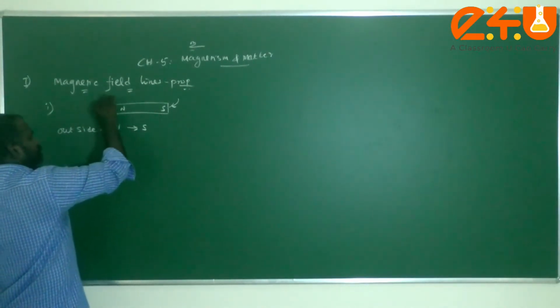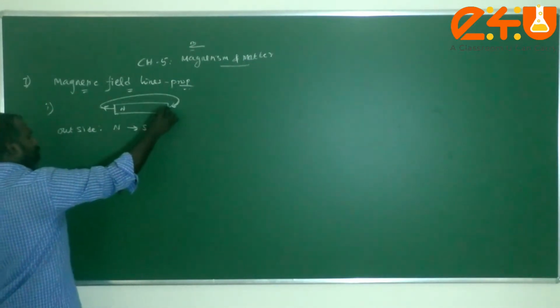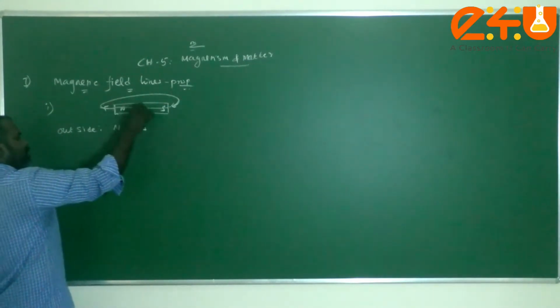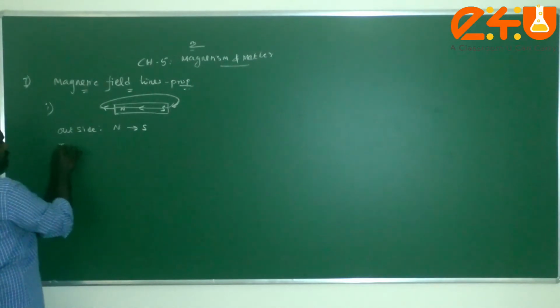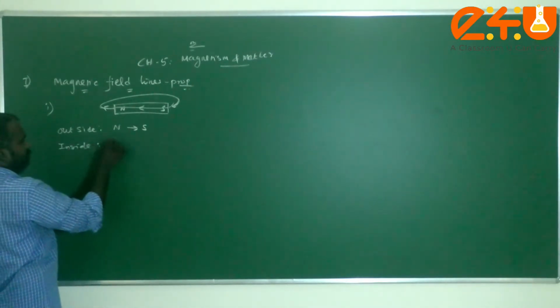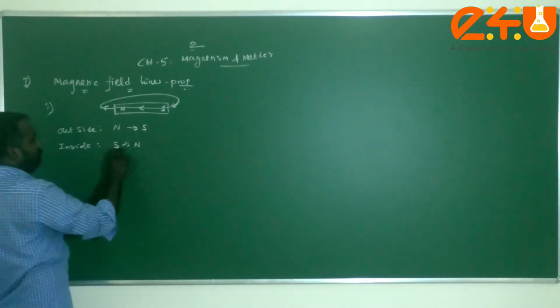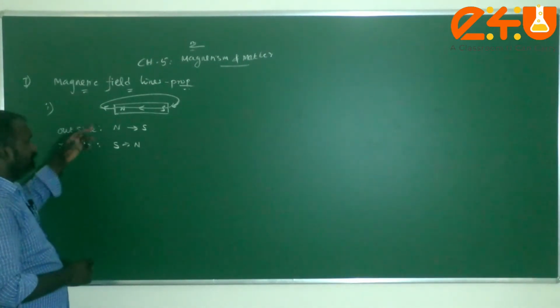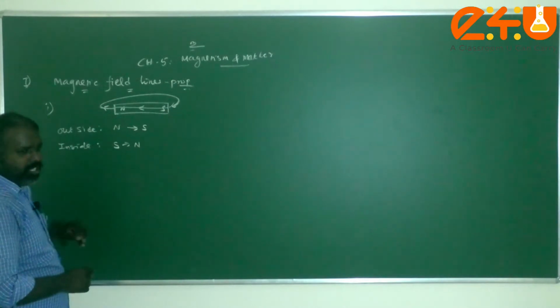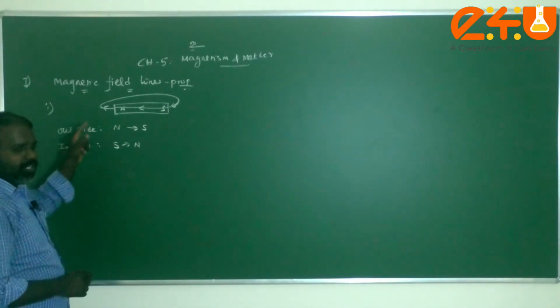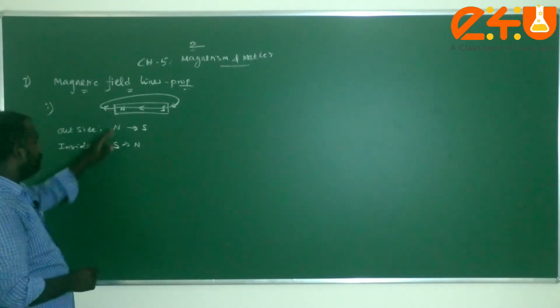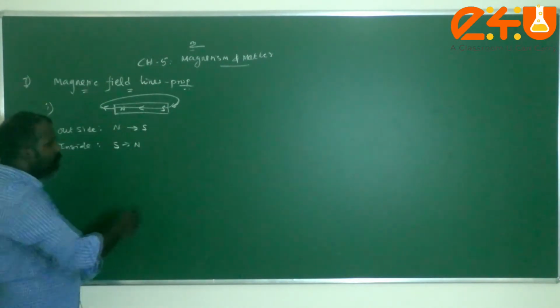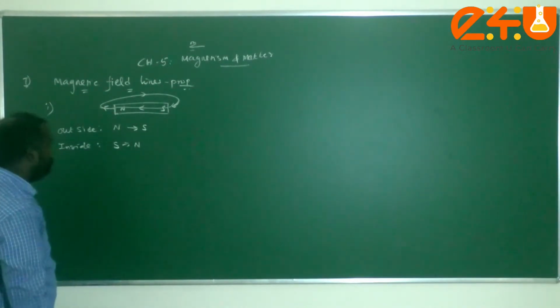But inside the magnet, the field lines go from south to north. So the main difference between electric field lines and magnetic field lines is that there it is an open continuous curve, but here it is a closed continuous curve. So that is the first property.